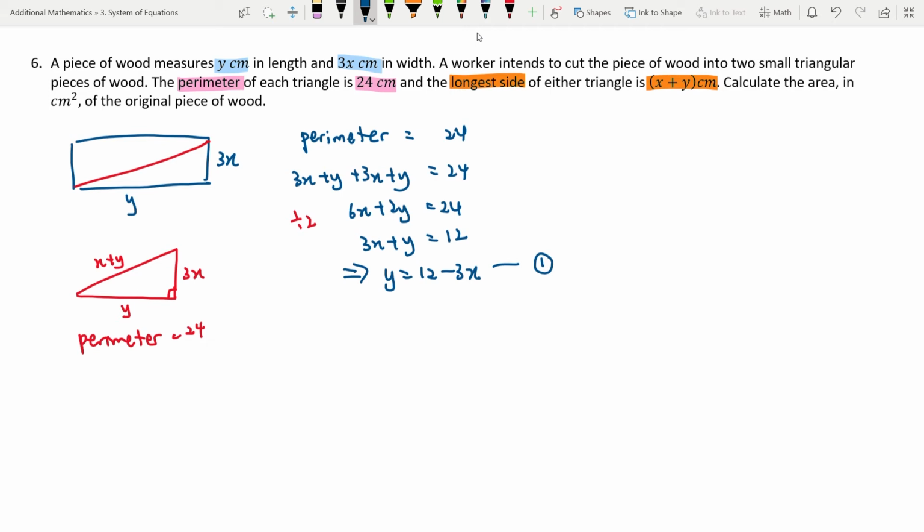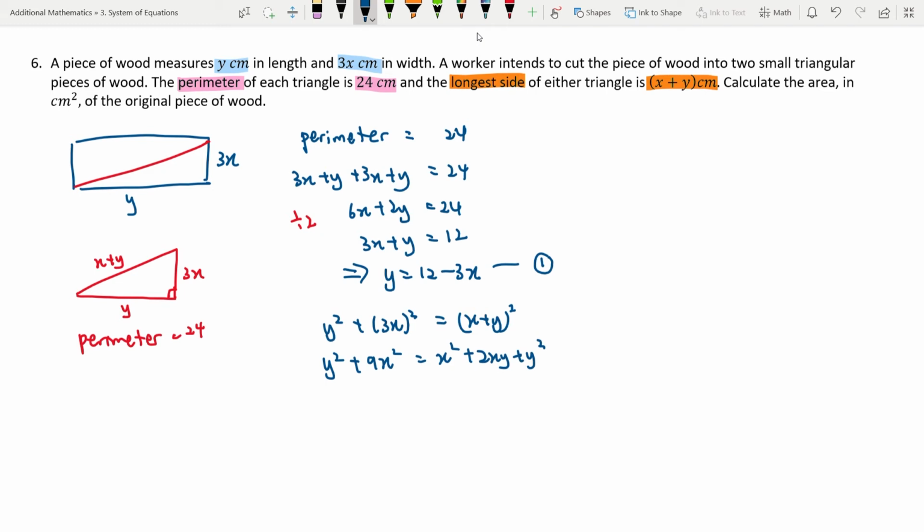Since the triangle is a right-angled triangle, we can apply Pythagoras theorem. y square plus 3x square is equal to x plus y square. We expand the bracket. y square plus 9x square is equal to x square plus 2xy plus y square.